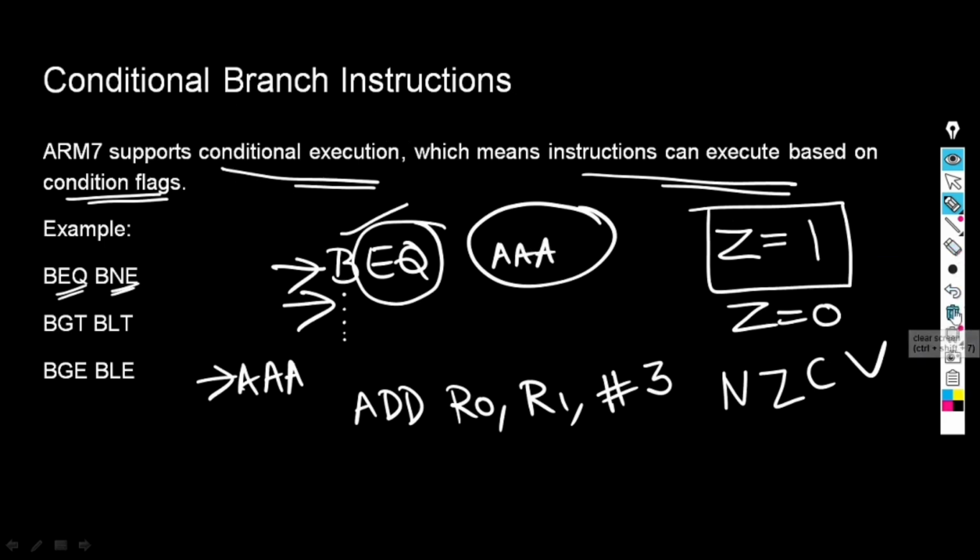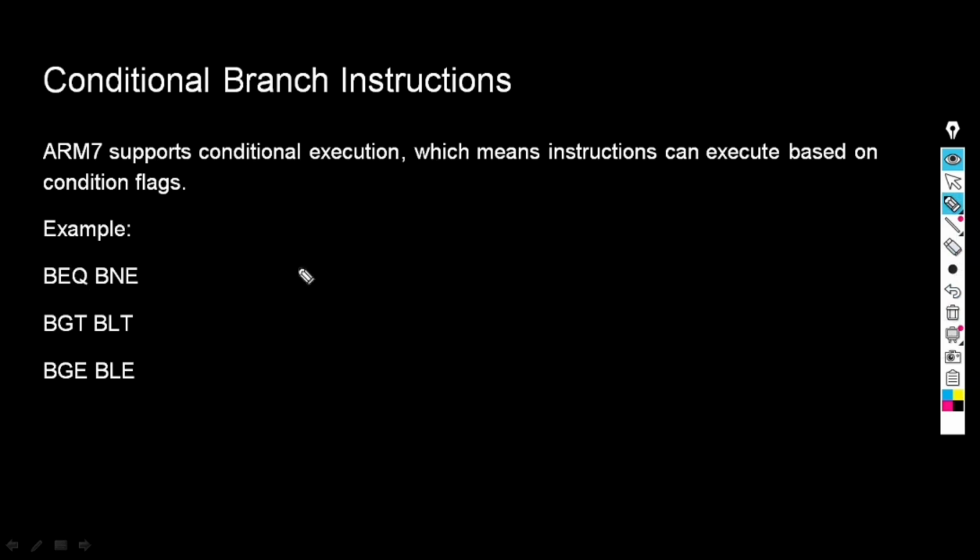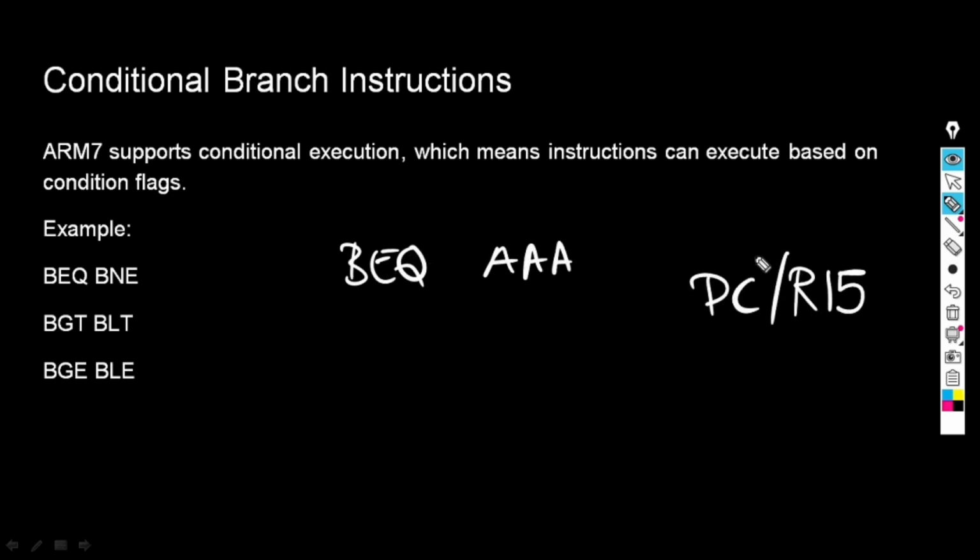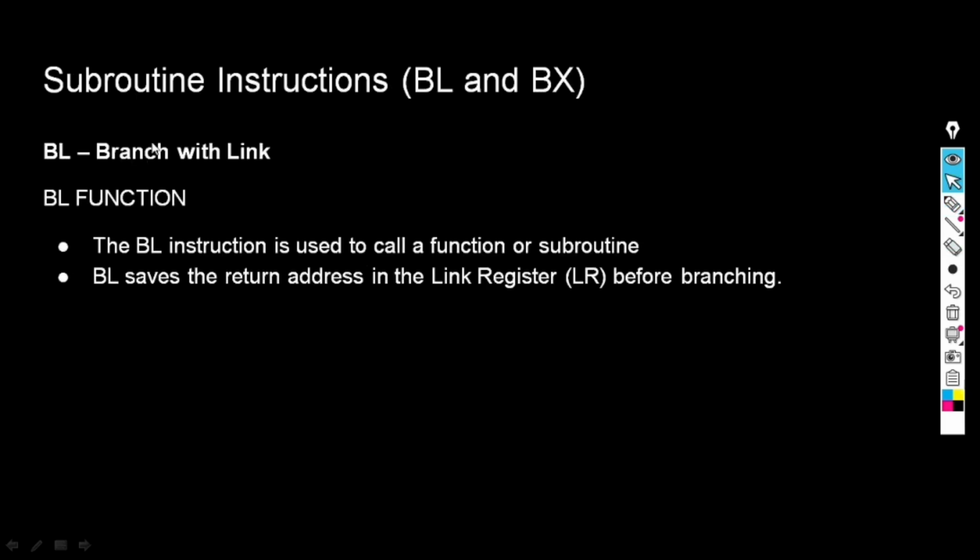Even here, in case a particular condition is true, let me take the previous example, if this condition is true, then PC or register R15 is updated with the address marked by this label. Next we have subroutine instructions. So what exactly does that mean?